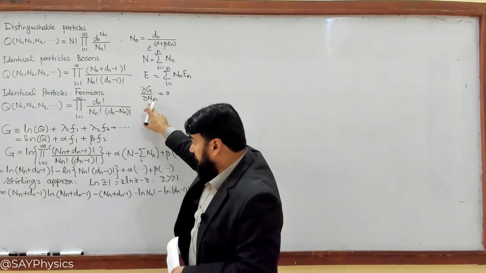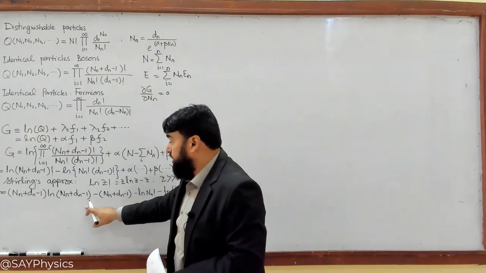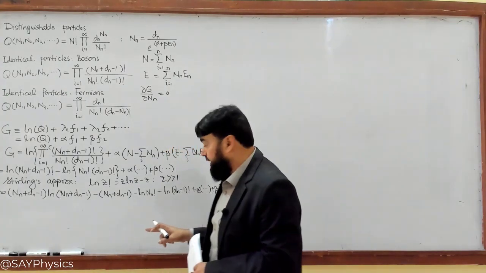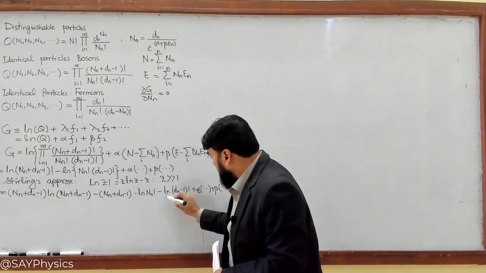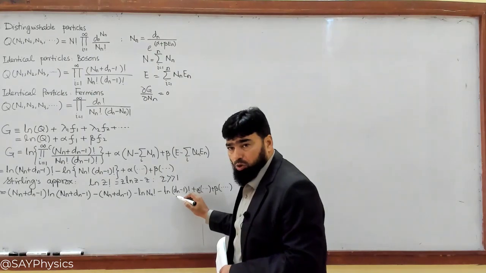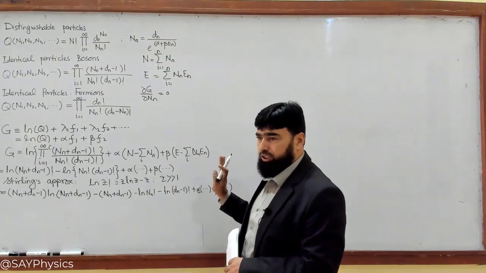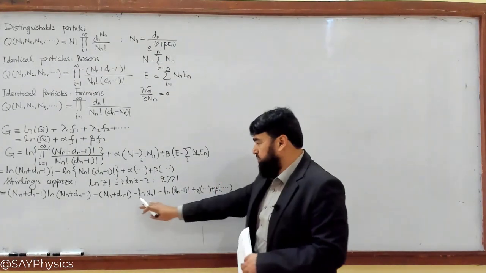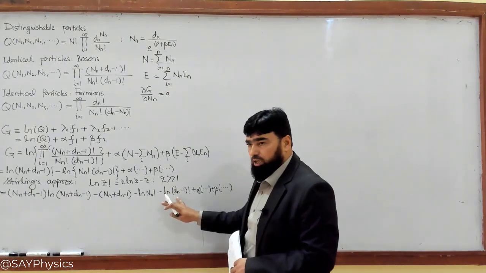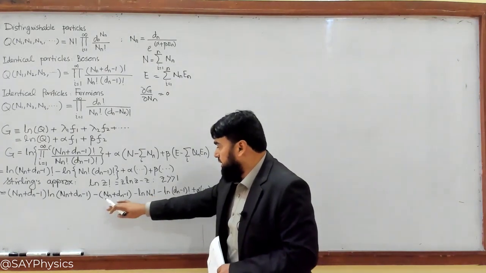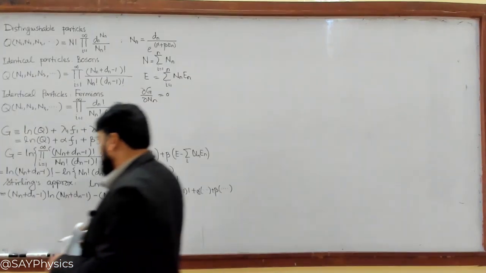So wherever I'm having the nn terms, I will have to calculate for that. If you look here, no nn term is involved, so I will just keep it like this. I will not expand this one with the Stirling approximation, but only these terms I will expand.